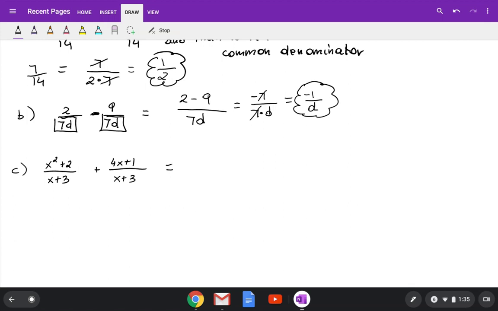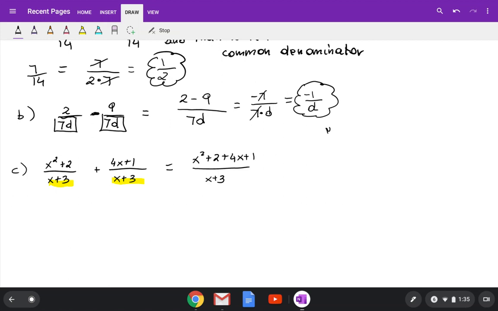The good thing is that we have the same common denominator, which is x plus 3. So we're going to copy the denominator once, and we're going to work with numerators. We add numerators together, so you have x squared plus 2 plus 4x plus 1.